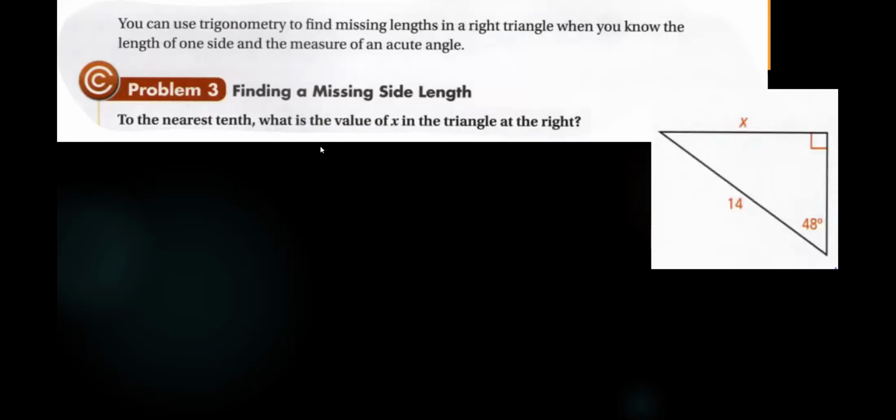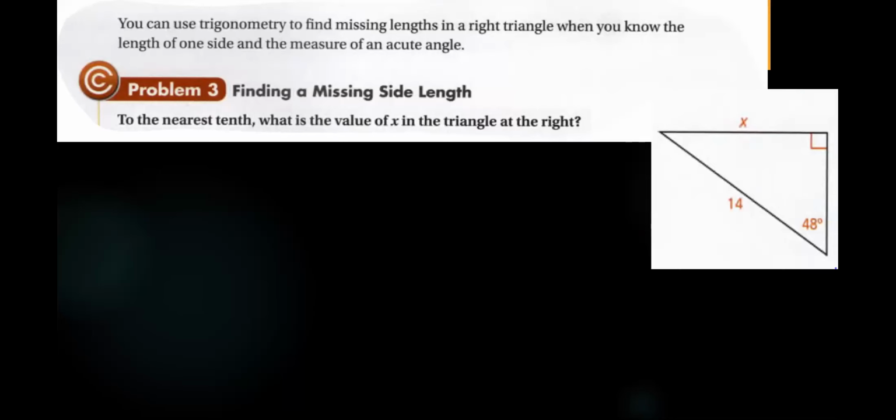As I told you before, we know that if I give you the lengths of a triangle, you can find the sine, cosine, and tan. Now I want to use the sine, the cosine, or the tan to find a missing length.